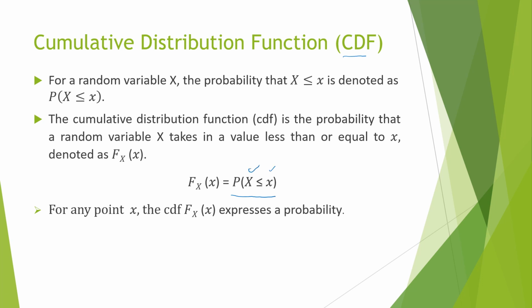It is indicated as capital F_X(x). X denotes the random variable, and x is the value that the random variable takes. So basically it is the probability that the random variable X takes a value less than or equal to x. So it is the probability at a given point x.